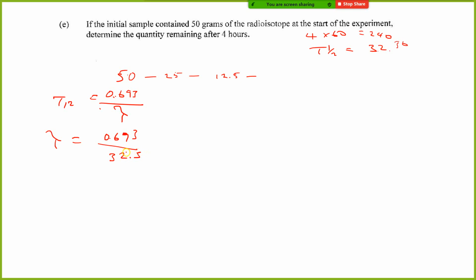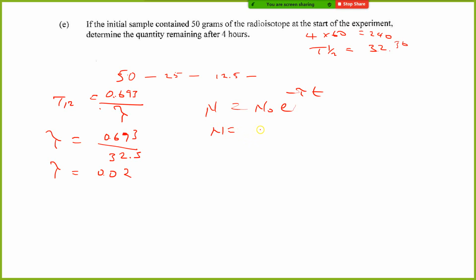When I work this out, 0.693 divided by 32.5, I get a decay constant of 0.02. Now, using this equation that says N is equal to N naught times e to the minus decay constant times t, I could now use this equation to find the value.